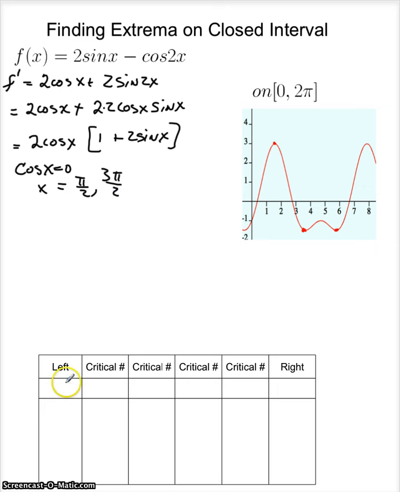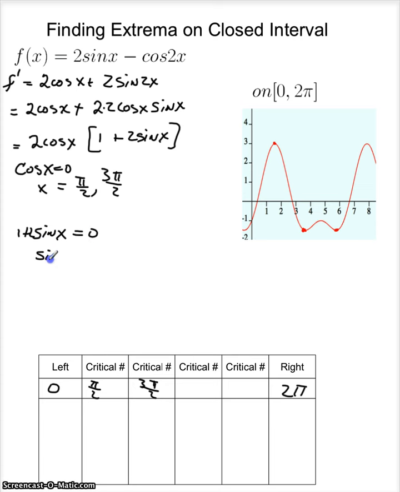I'm going to start filling this in because it's going to get kind of full here. I'm going to wind up not putting them in exact order, but it's okay if they're not in absolute correct order. So that's when cosine is 0. Let's look at where 1 plus 2 sine x is 0.